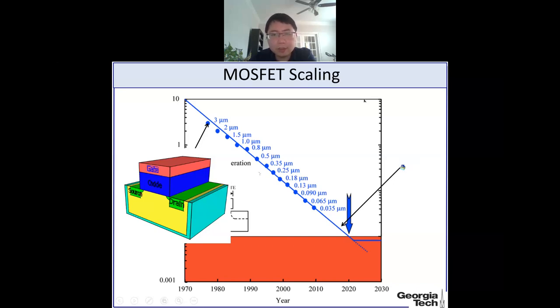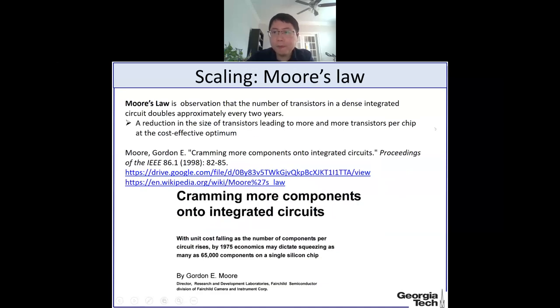So you see how aggressive this scaling is over the past 30-40 years. You can make the transistor so small, so you can pack more transistors on the chip, and this is the power of Moore's law.